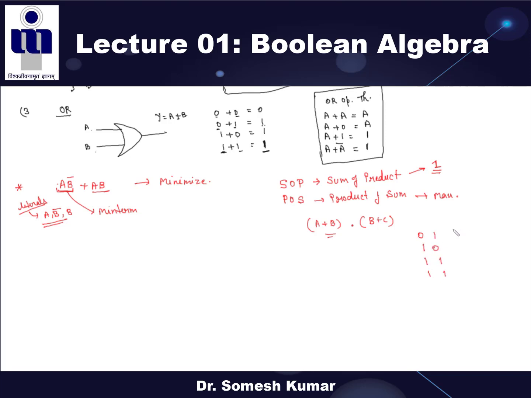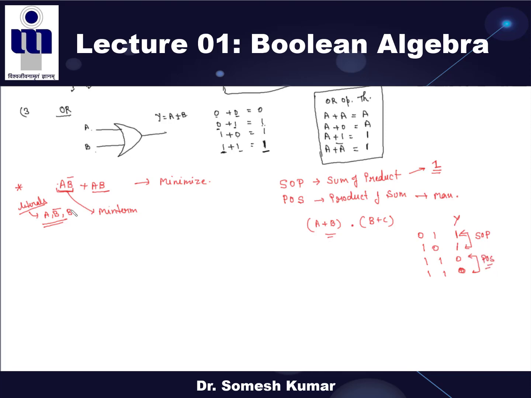For example, there is any function or circuit which gives the output, for example, 1 1 0 0, right? I am taking any random output. So for these outputs 1 and 1, we are representing them with the SOP form, while for this 0 0 we are using the POS form, right?